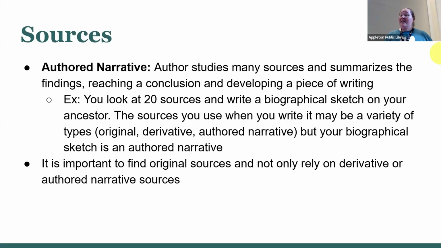The sources that you use when you write it might be original sources, it might be derivative sources, maybe you're even consulting some authored narratives. But whatever you're producing, that biographical sketch, that's going to be your authored narrative. So it's essentially you doing the analysis and writing it out. That's the narrative that you're creating, but it might be created from original sources or derivative sources or a bunch of different sources.